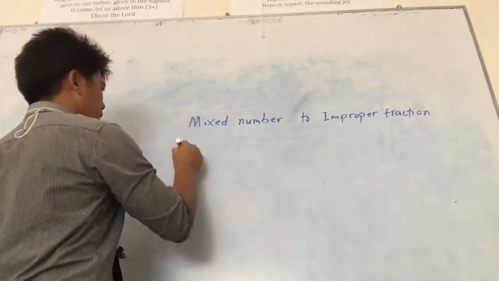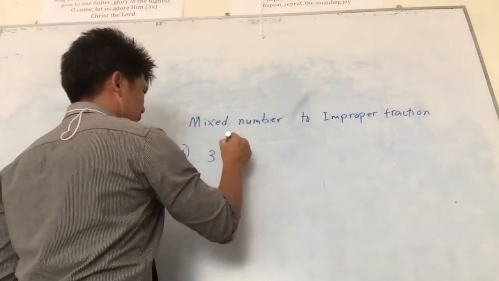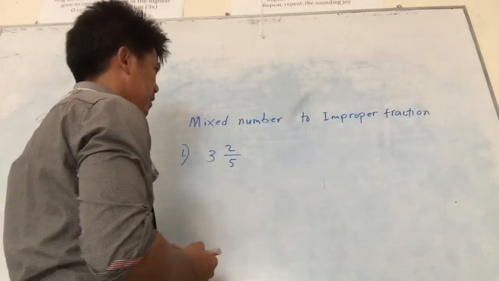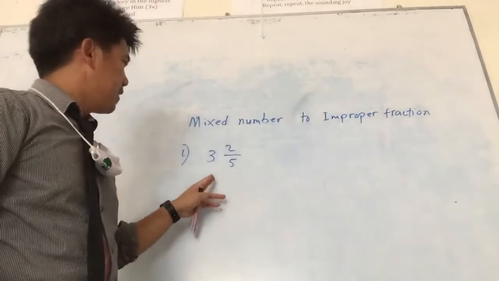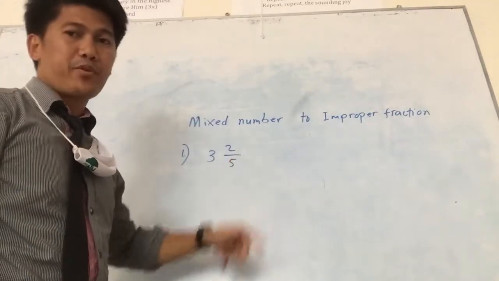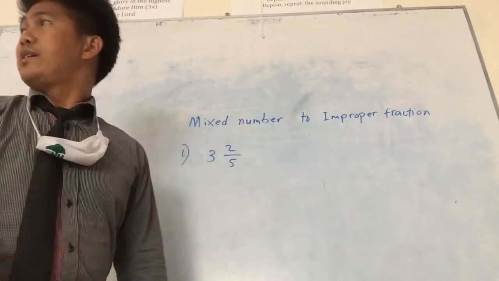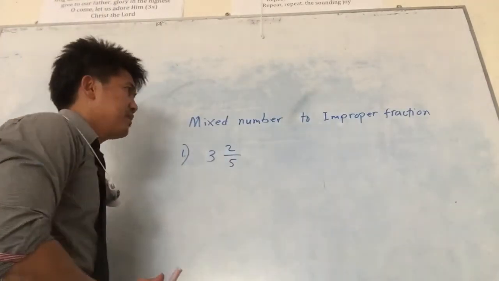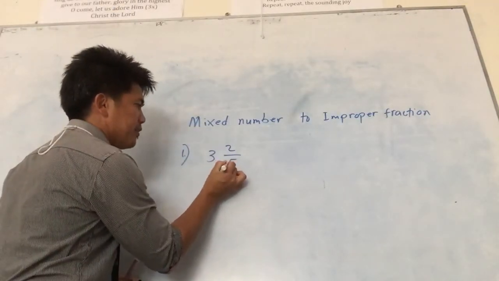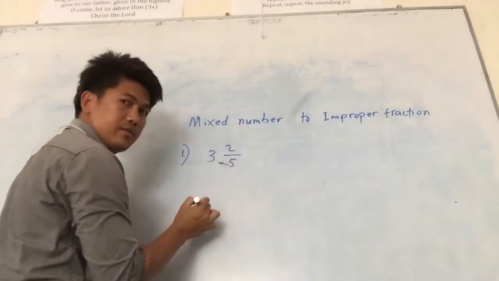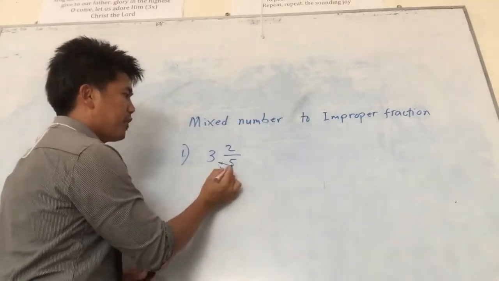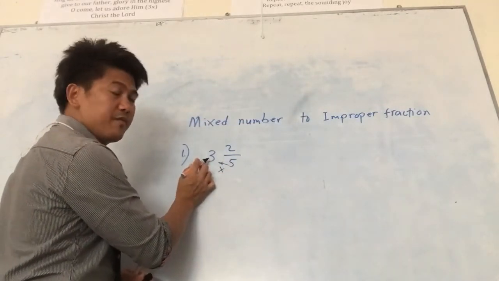For example, number 1, 2 and 3/5. How can you make the mixed number 2 and 3/5 into an improper fraction? It's just easy. Here are the steps. First, you multiply 5 times 3. So 5 times 3 is 15, right?